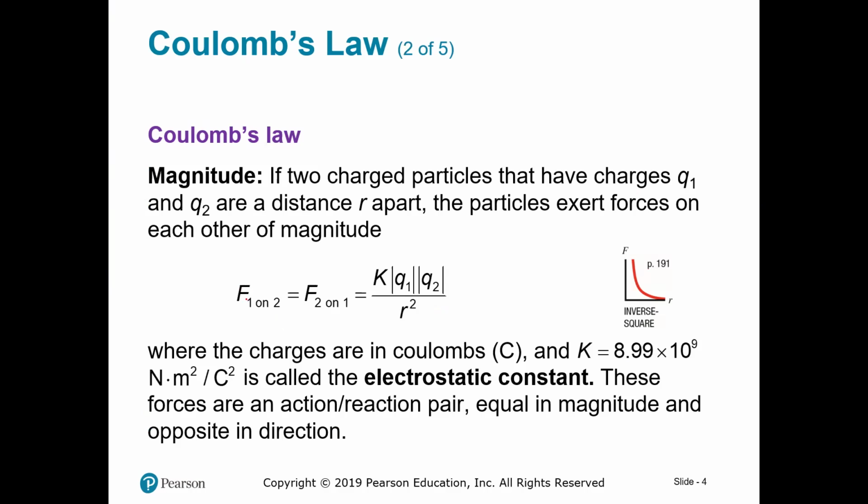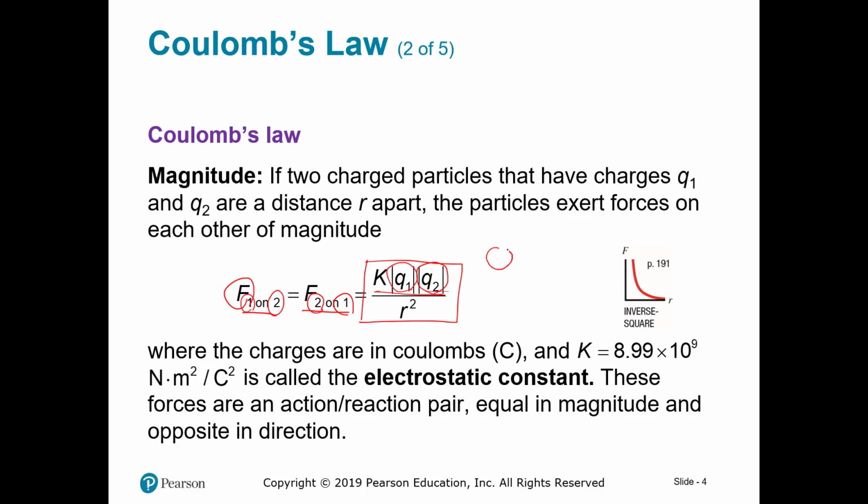Again, F1 on 2, so charge 1 on charge 2. And of course, they are the same. Why? Because again, this is Newton's third law, right? Charge 2 on 1, their magnitudes are the same. That's why we use these absolute values here, right? Because we use the absolute value to compare their magnitudes, right?